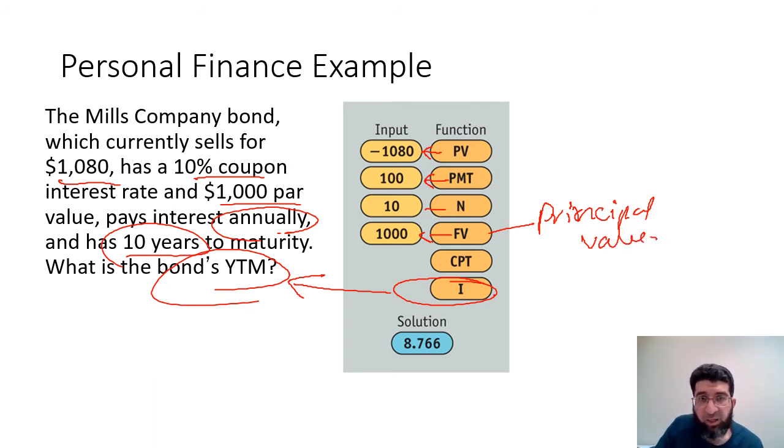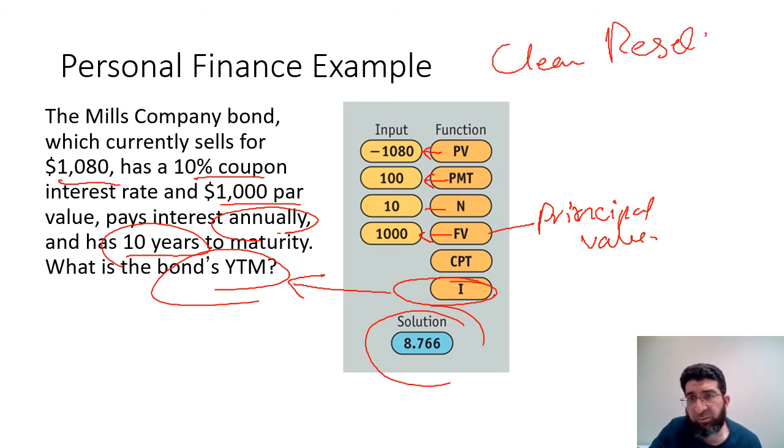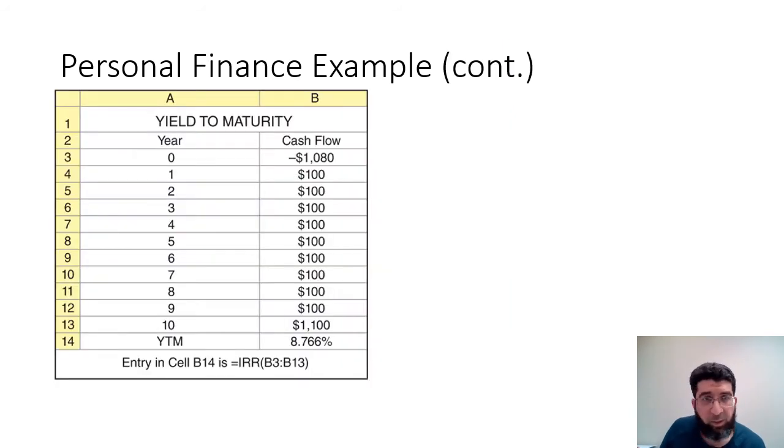Compute I, this I will be the YTM, and it will give us the solution 8.766. Please remember to clear the calculators always or reset them so that the previous values do not interfere with the current calculations. You can do the same manually by calculating the IRR.